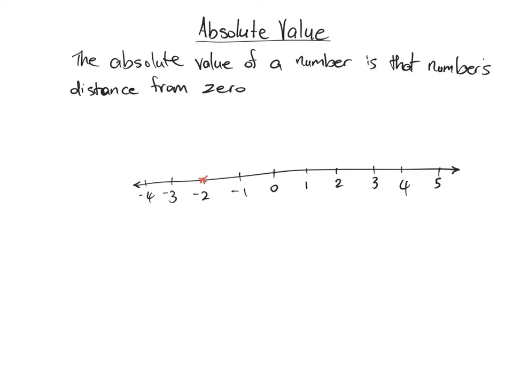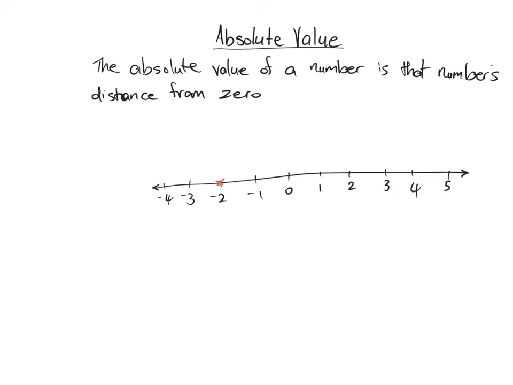If you take a look at -2, how far is -2 from 0? Well, 0 is right here, and it's 2 units from 0. So the absolute value of -2, written in this way, these are absolute value signs, is the distance from 0, so it's 2.